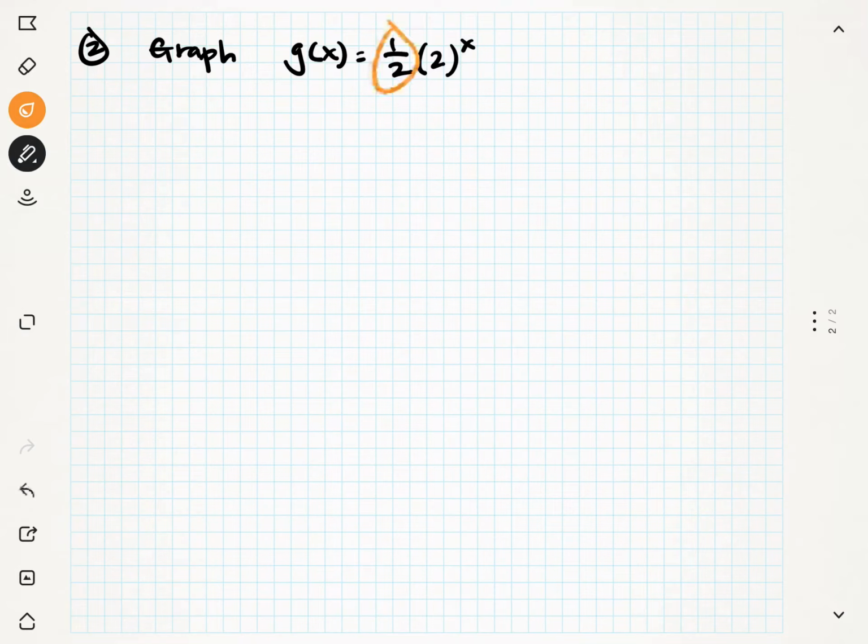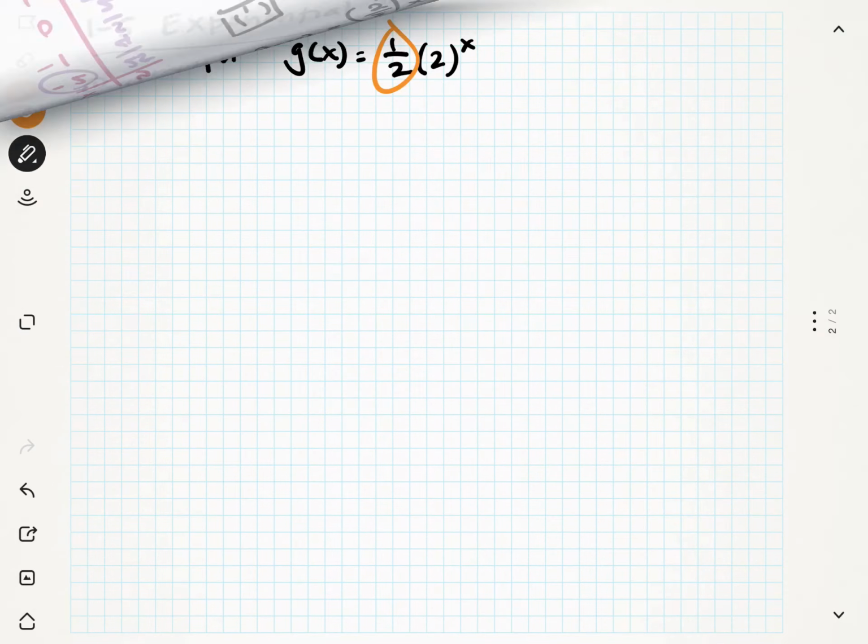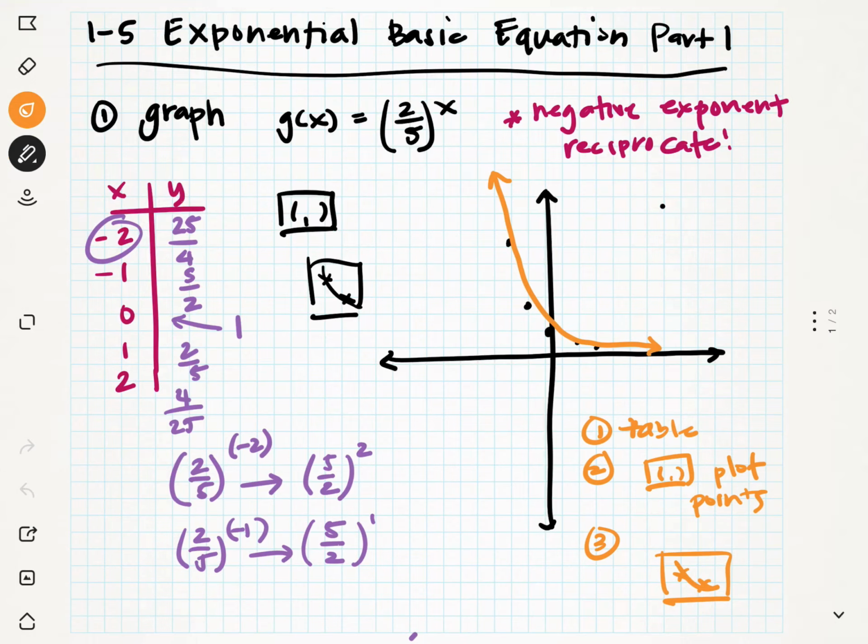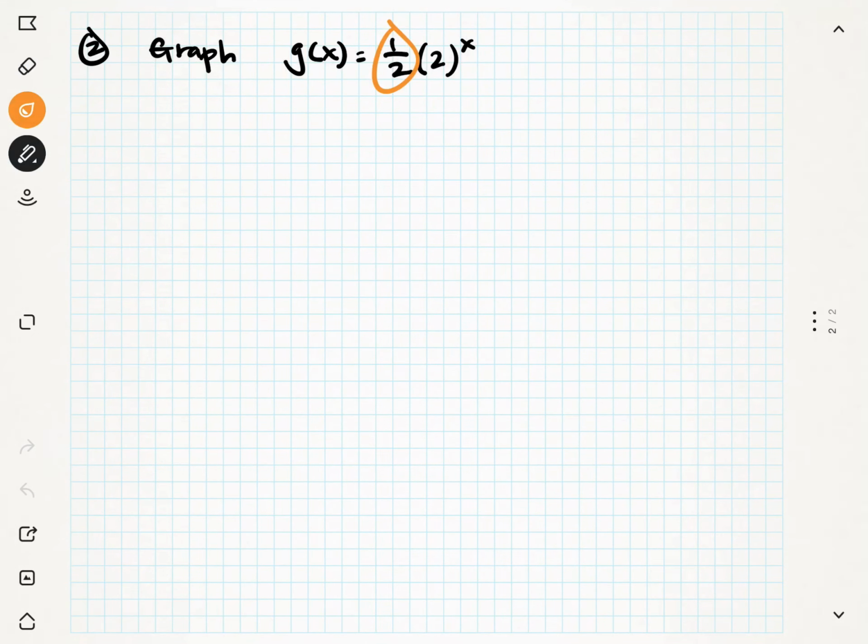All right, so same process in this next one. The only difference here, and the reason why I wanted to do this example, is that we have an initial value. Our initial value is a, the 1/2 in this one, right? In the last one, we didn't have anything in front of our multiplier. This one does. It doesn't really change our process at all.